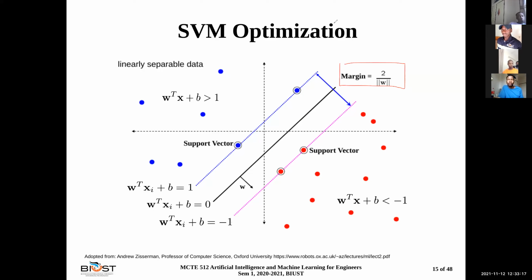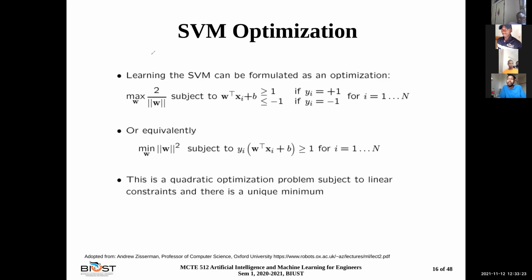Okay, let's continue. Now we want to maximize the margin. This is the margin, 2 divided by the norm of W, the normalized margin. We want to maximize this subject to the function evaluation f of xi being greater than or equal to 1 when yi is positive 1, and less than or equal to minus 1 when yi is minus 1, for all i from 1 to n, where n is the number of points.